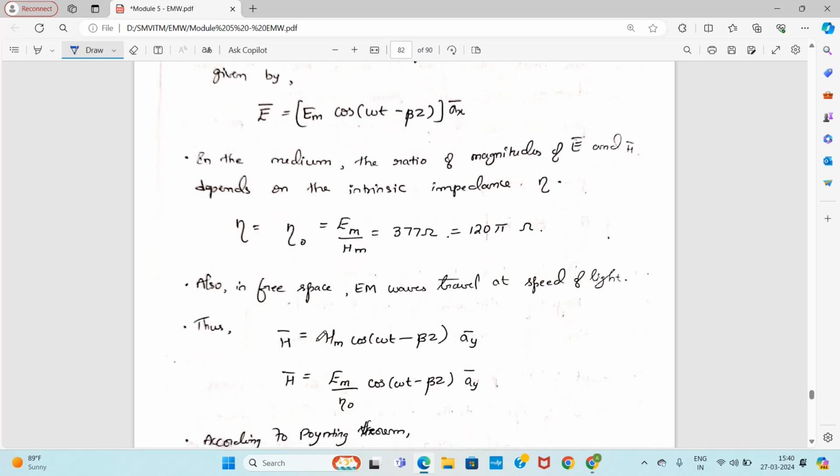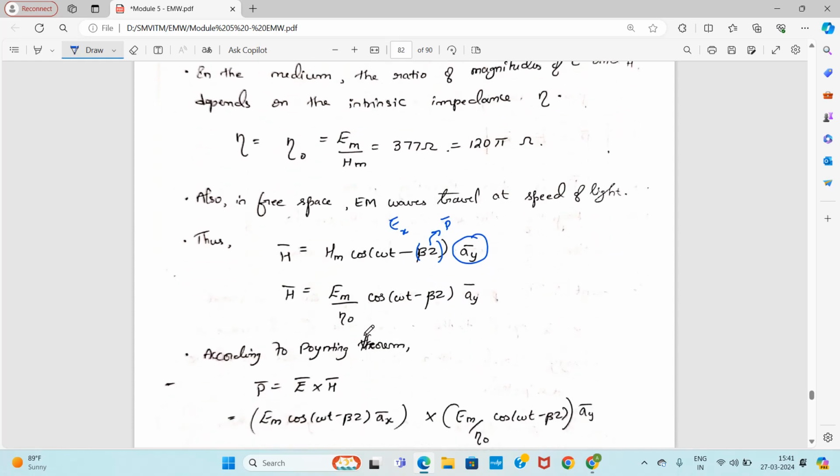Using this relation, I can find the H value. So the equation for E can be changed to the equation of H, which is Hm cos(omega t minus beta z). If E is in the x direction, H will be in the y direction, because z is given as the direction of the total wave. The final wave direction is z, E is x, so obviously H will be the remaining one, that is y. And Hm can be calculated as Em by eta naught.